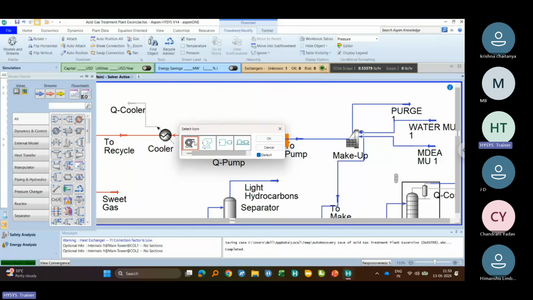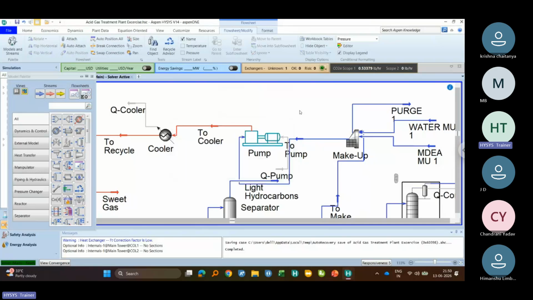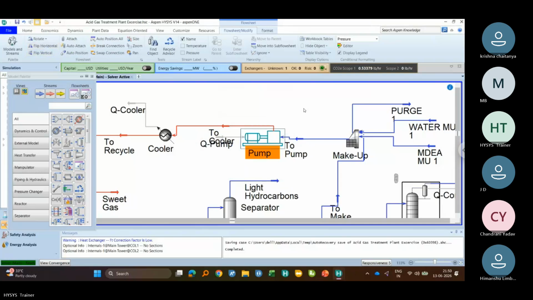Either I want to show it like this, like this, like this. I can select any of the icons and you will see that my pump icon will be changed like this. Everything will remain the same. Your energy stream will be shown, your inlet outlet stream will be shown, but your symbol for that particular equipment will be changed.